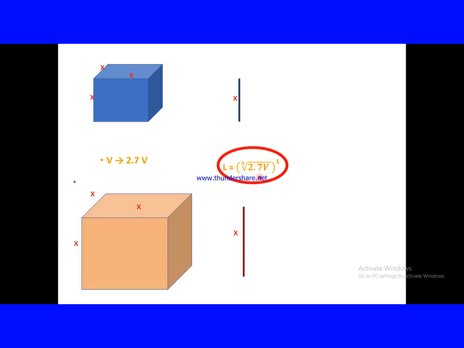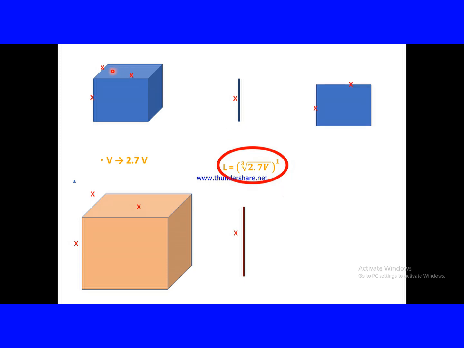So always we have to come to the one-dimensional measure first, and from there we can measure the area of a two-dimensional object or the volume of a three-dimensional object, whatever we have to.